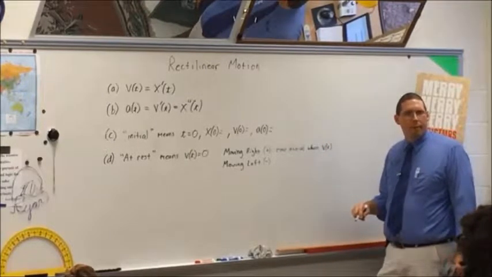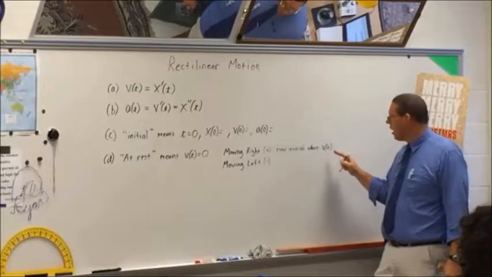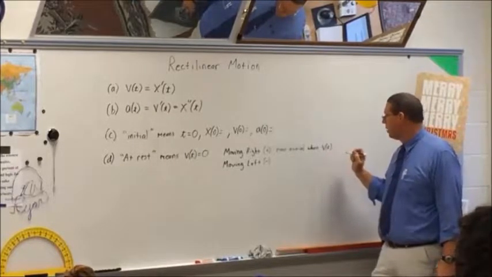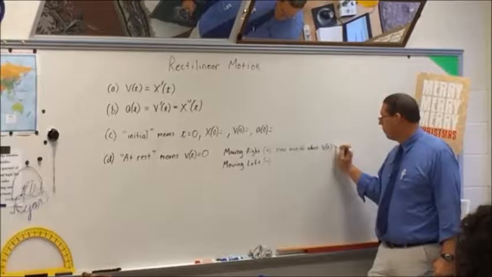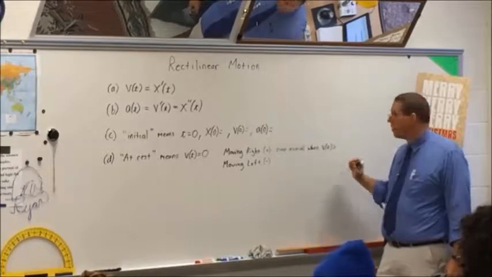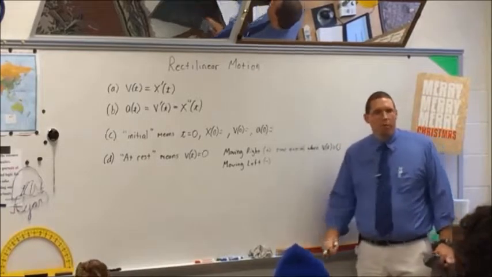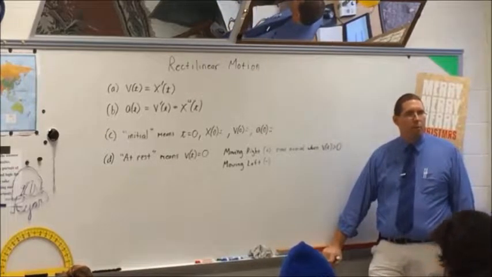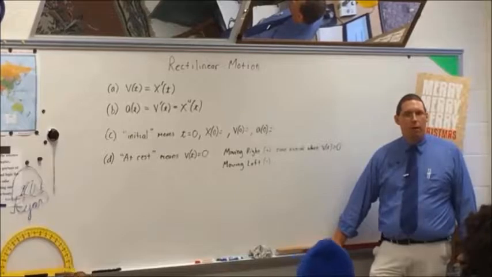Positive. And how do we say positive in mathematical language? Greater than 0. Moving right is a time interval where velocity is greater than 0, right?